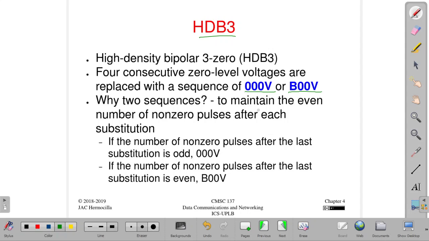To maintain an even number of non-zero pulses after each substitution. That's the purpose of having 2 sequences. So what are the rules? If the number of non-zero pulses after the last substitution is odd, we use 000V. If the number of pulses after the last substitution is even, we use B00V.